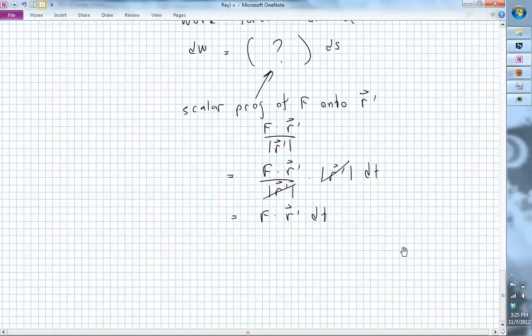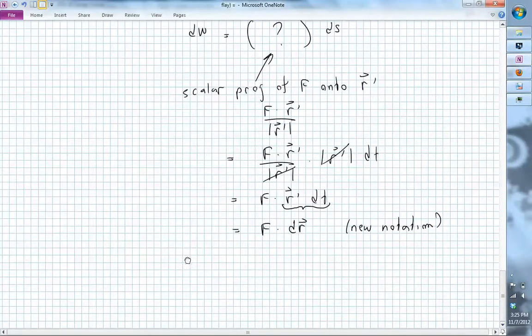And we use this so often that we have a slightly simpler notation. F dot dr, and dr is really just r prime dt. And the total work is just the line integral of this quantity.